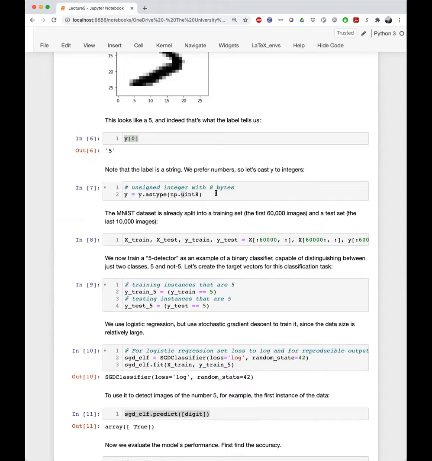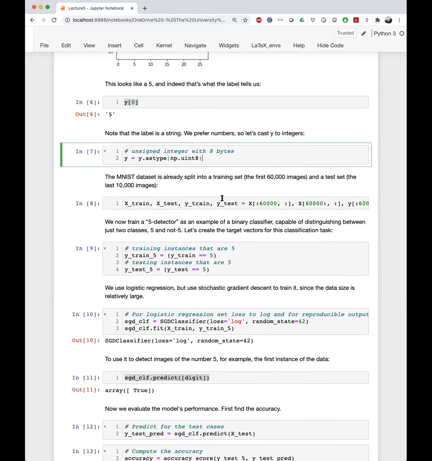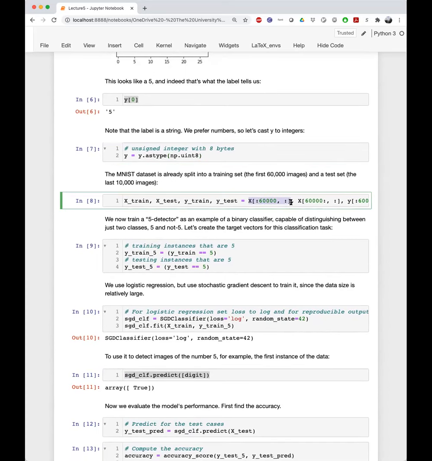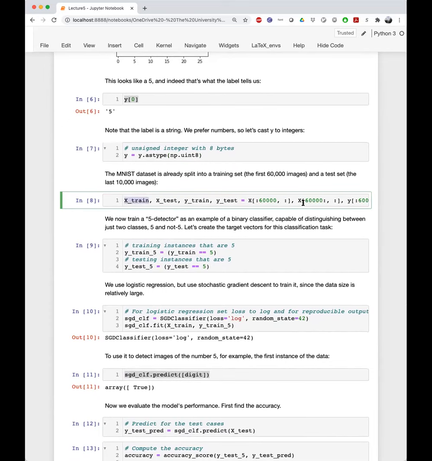All right, so we change the label to integer. Then we want to have a training set and test set. So actually, the MNIST dataset has already been split into a training set and a test set. The first 60,000, that's the training set. So we just extract the first 60,000 rows of X, and that's the training set.